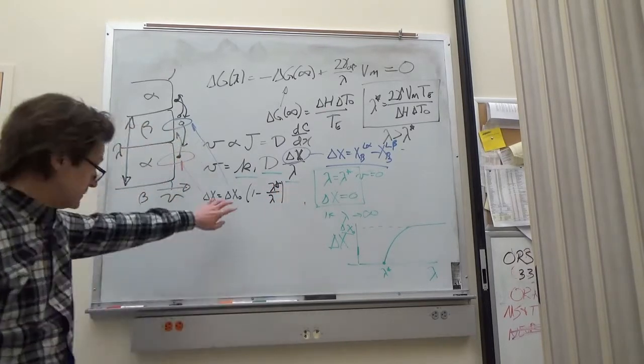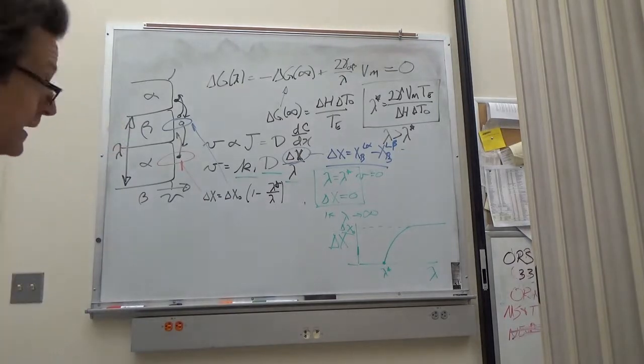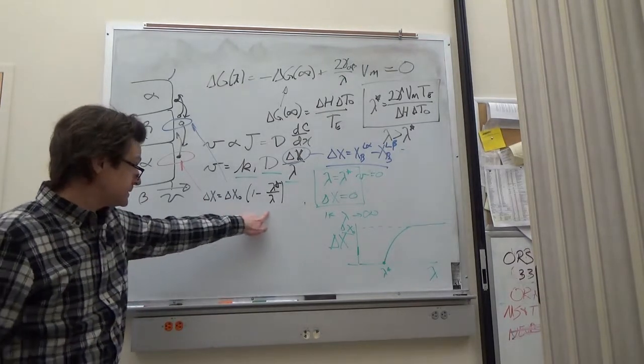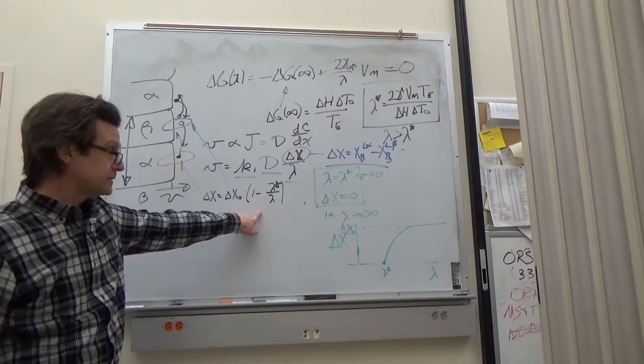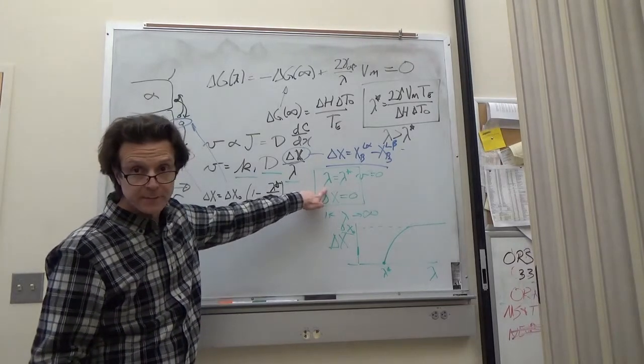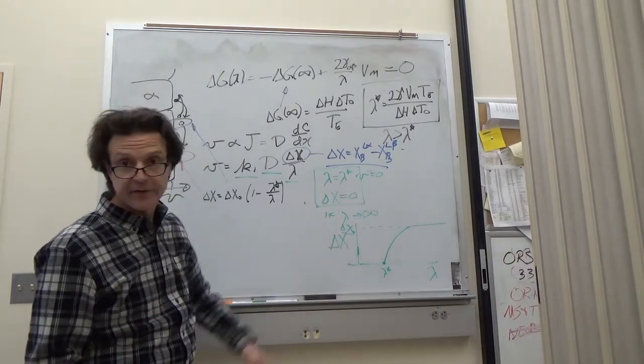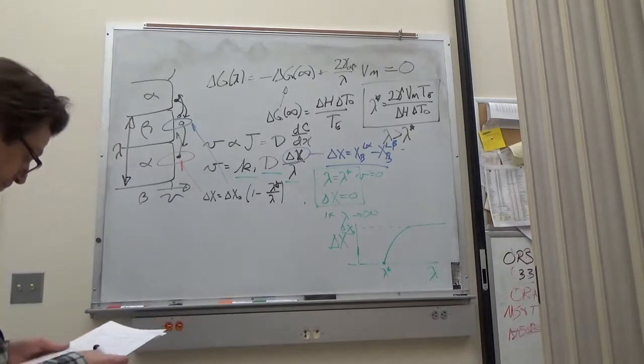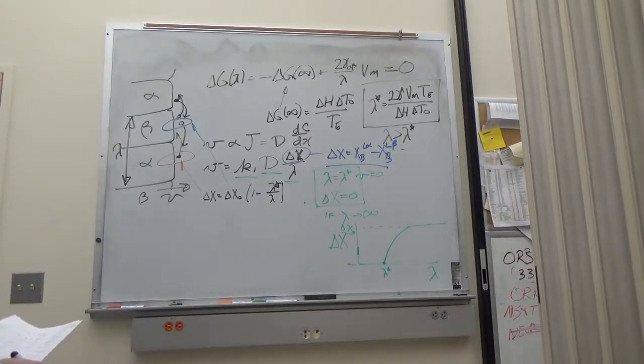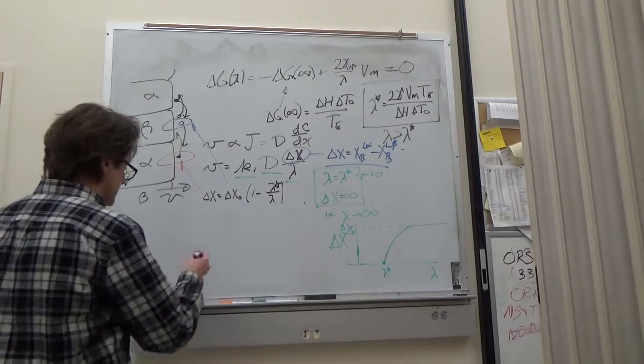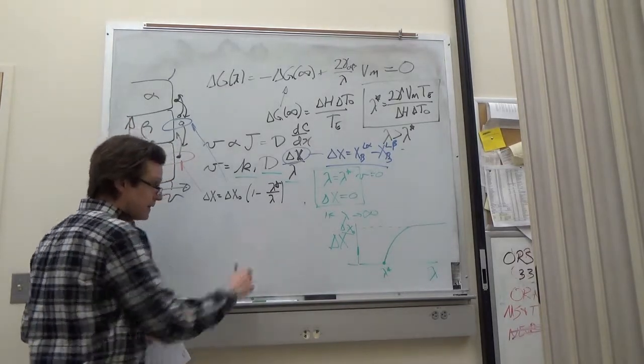And this was the equation that I was looking at the end of lecture. This is a logical consequence of the two limits of possible values that lambda can take. Now, that's one thing we know.